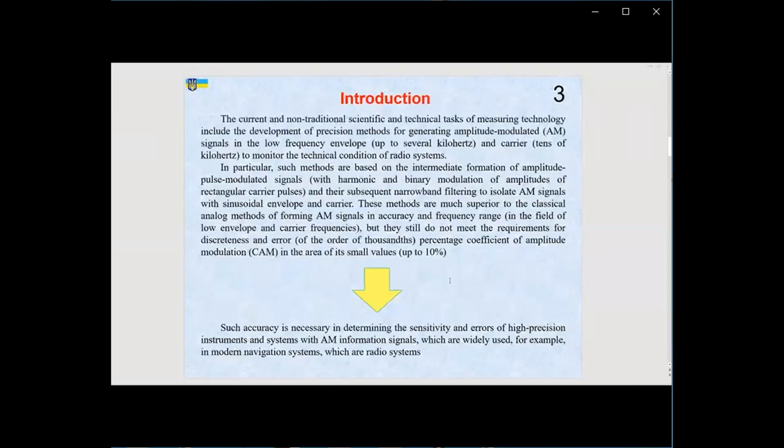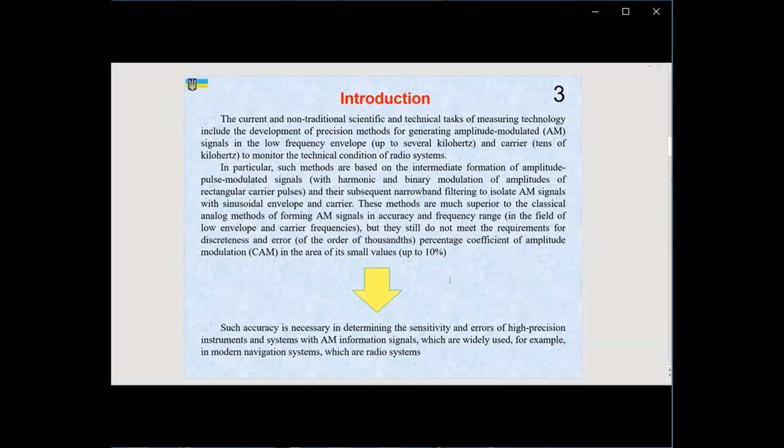The current and non-traditional scientific and technical tasks of measuring technology include the development of processing methods for generating amplitude modulation (AM) signals of the low frequency envelope and carrier to monitor the technical condition of radio systems. In practice, such methods are based on the formation of an amplitude pulse modulation signal and its sequential narrowband filtering to isolate an AM signal with a sinusoidal envelope and carrier.